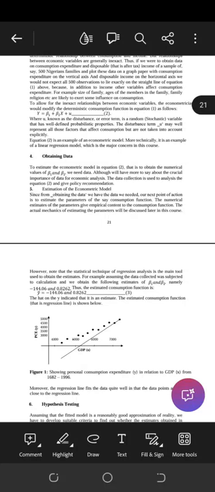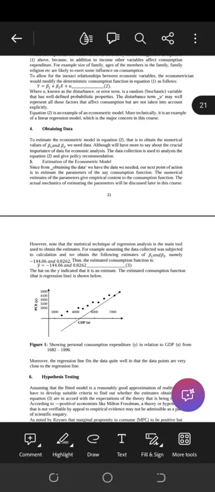So to allow for the inexact relationship between economic variables, the econometrician would modify the deterministic consumption function in equation 1 as follows. Instead of writing y is equal to b1 plus b2x, we write y is equal to b1 plus b2x plus u.